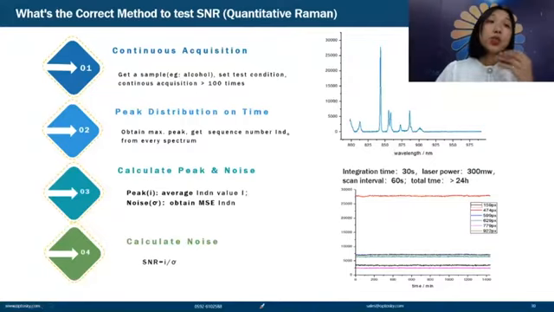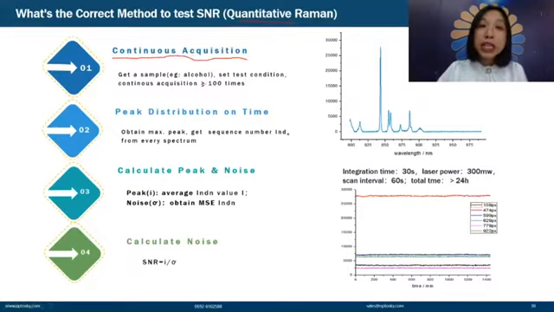Previously we introduced the wrong method to calculate the signal to noise ratio. So what's the correct method to test the signal to noise ratio, especially in quantitative analysis? Firstly, it's necessary to perform continuous acquisition, over 100 times. We get a sample, set the test condition, and make over 100 continuous acquisitions.